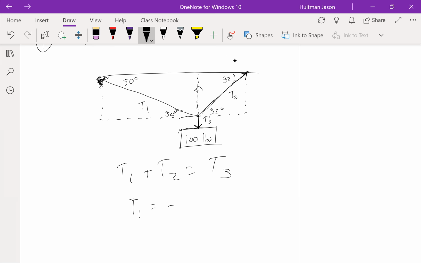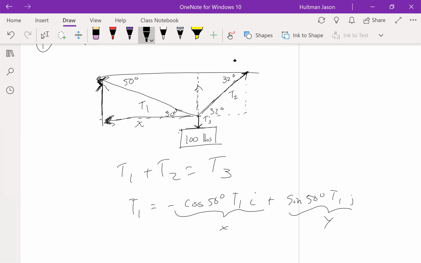But I'm going to say that T1 is negative cosine 50 degrees T1 I plus sine of 50 degrees T1 J. What we're doing is making an X component and a Y component out of T1, because this is being pulled in this direction, my X component, and in this direction, my Y component. You can use some trigonometry to figure out those tensions.